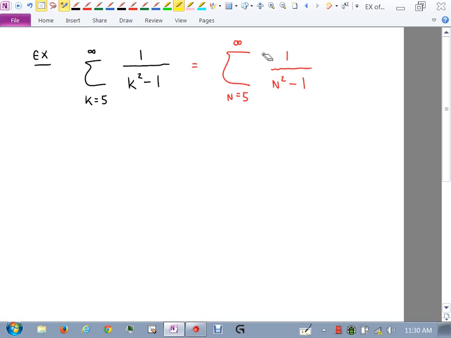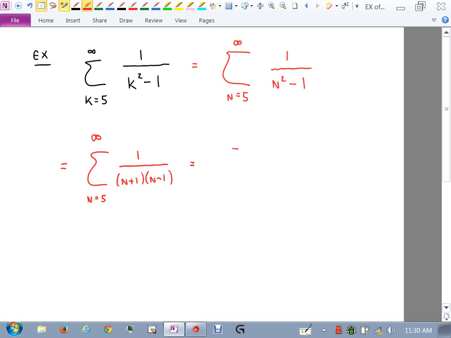And then you start thinking, wait, n squared minus 1, that's n plus 1 times n minus 1, isn't it? Difference of squares. So you could rewrite that as the sum n equals 5 to infinity of 1 over n plus 1 times n minus 1. And then as soon as you see the two distinct linear factors, you do your partial fraction decomposition.